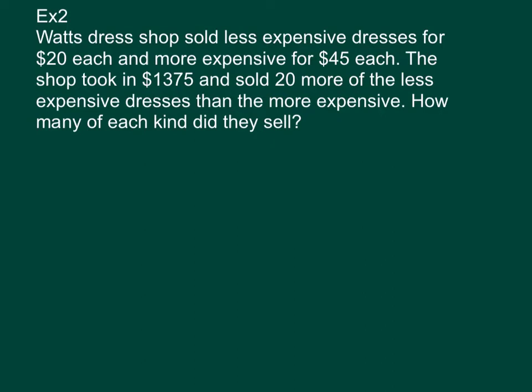So what we're going to do here is come up again with two equations. Let's come up with the equation that involves the $1,375, or in other words, what each dress was worth.